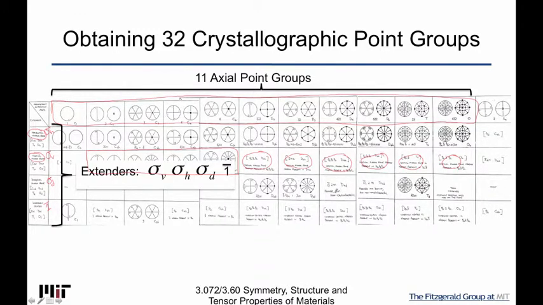And so there's only a couple of ones that we didn't get from some other mirror plane insertion, and those would be 3 bar and 1 bar, right? And so we pick up a couple of stragglers at the end that need just a plug-in of an extender, where putting them into all these other things, they already have inversion centers induced by other operations.